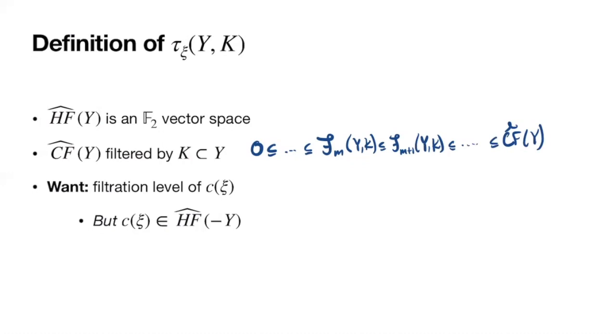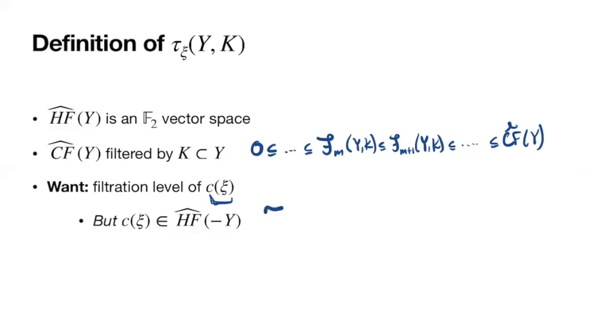And what is this tau invariant? Well, what we'd like to define it as is just the filtration level at which the contact invariant shows up. But there's a caveat here that complicates things, which is that the contact invariant doesn't live in HF hat of Y, it lives in HF hat of minus Y. So there's two different things that I could do. Let's do the easiest one first.